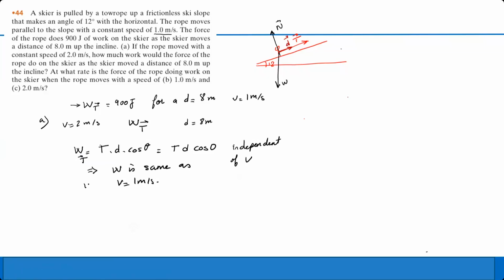Now, you might think, what if when the speed was more, the tension was different? And that's a very valid argument. So if the speed is higher, can't I say the tension of the string is more? There's more pulling force.